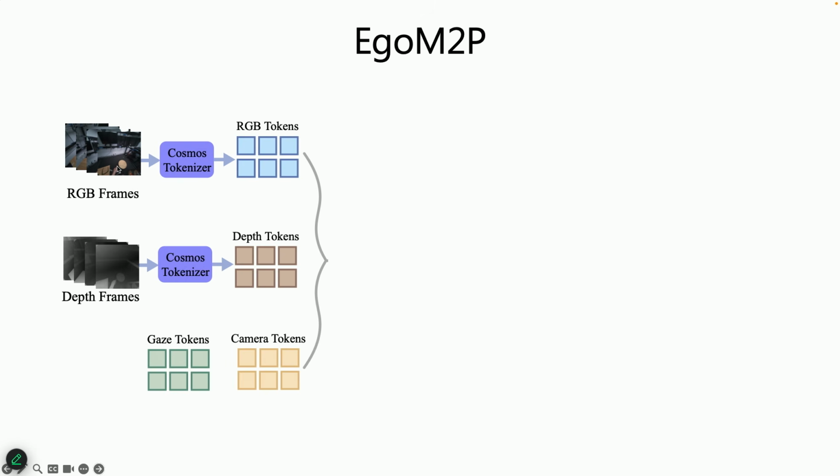We have studied four modalities for now. We designed gaze tokenizers, so we tokenize gaze. We have camera tokenizers to tokenize cameras. We also use the Cosmos tokenizer to tokenize depths and RGB frames. So now we have these four types of modality, and in total we create a 4 billion multimodal token database.